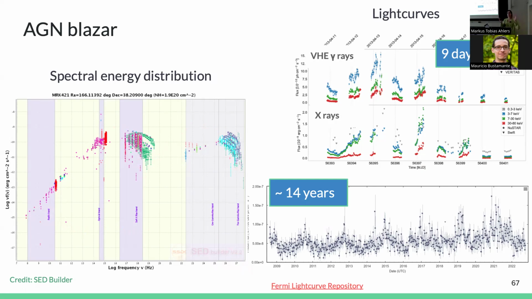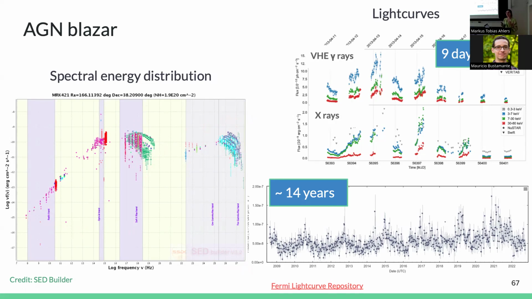And this is, let's say, very, very common among blazars. All blazars have this broad spectrum, more or less. Two broad components of non-thermal emission, which means that we need relativistic electrons or protons to produce this via non-thermal radiative processes. But you also see that the flux, especially in the X-rays and TeV gamma rays, is not constant over time.